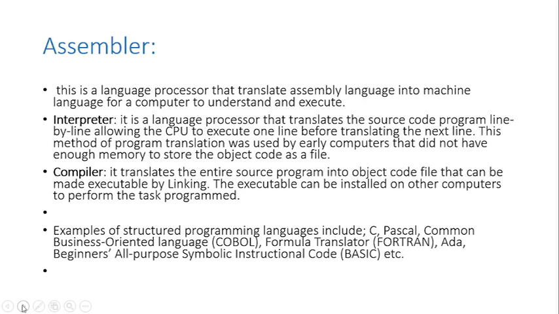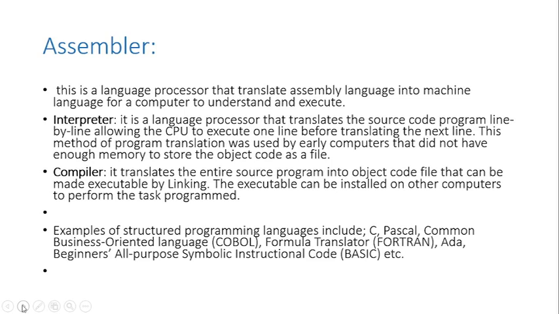On the other hand, an interpreter is a language processor that translates the source code program line by line, allowing the CPU to execute one line before translating the next line. This method of translation was used by the early computers that did not have enough memory to store the object code as a file.